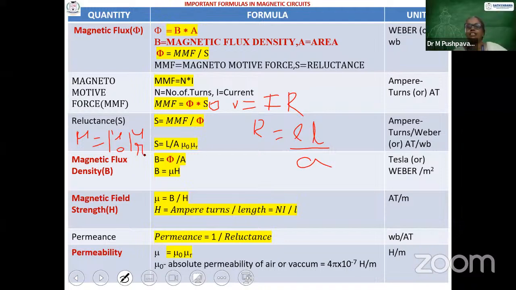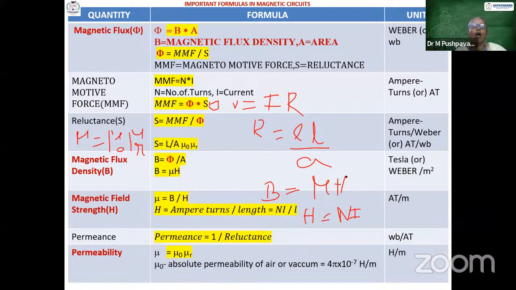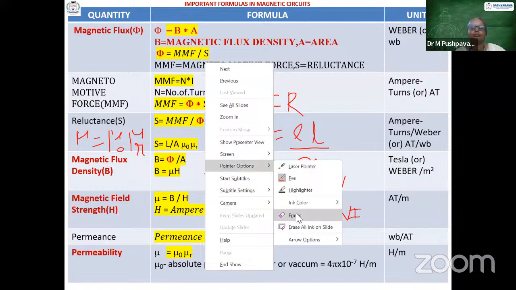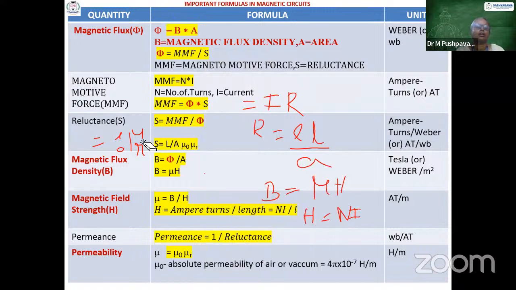Magnetic flux density B is equal to phi by A. For magnetic field strength, we have two formulas: B equal to mu H, which you have already studied, and another formula, H equal to Ni by L. Please kindly note down all these formulas highlighted in yellow color. Actually, I will rub it out, so you need not get confused.